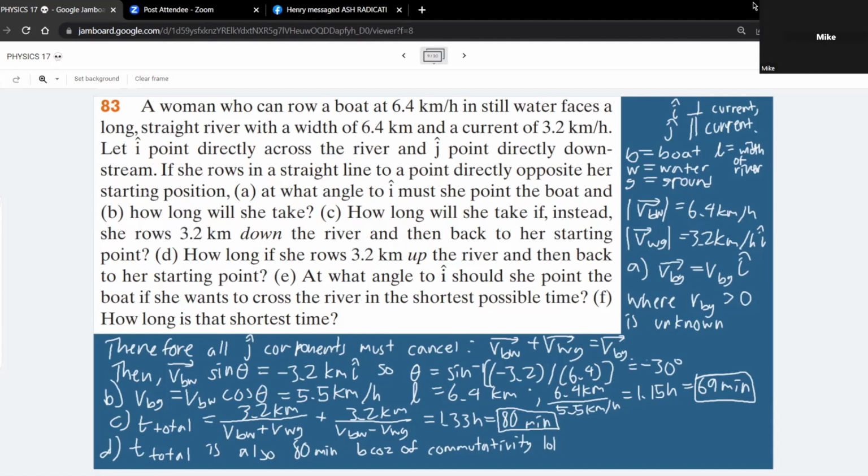We don't know the speed yet, because we only know the speed in the water, or the velocity with respect to the water.